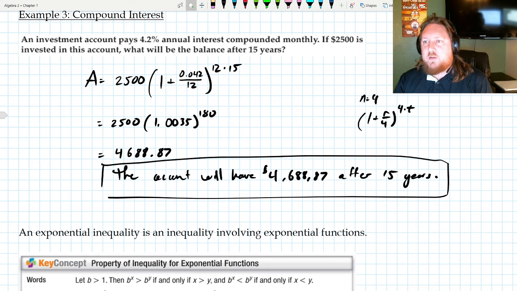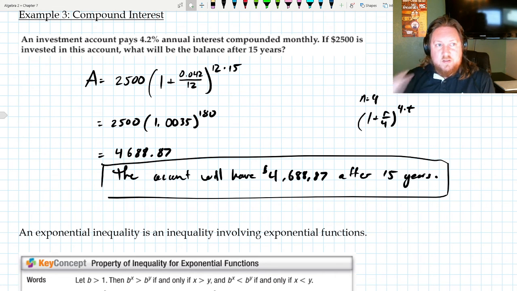So you just have to read what it says with the compounded and figure out what the n value is. Sometimes it's 4, sometimes it's 3, sometimes it's 12, sometimes it's every 6 months because it's semi-annually, so that'd be twice a year. So it would happen twice a year, so n would be 2 in that case. You just have to figure out what the ratio is.